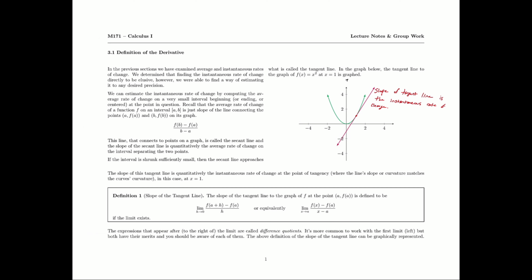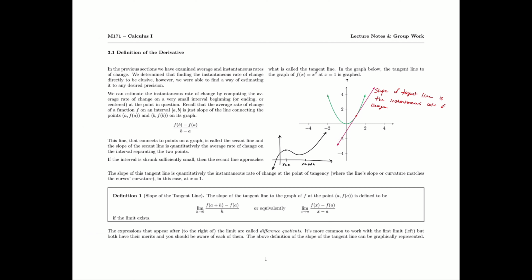So down here we actually have the definition, slope of a tangent line. If you remember the way we calculated this in the past, we would take some sort of axis system. We assumed we had some sort of function here. And then what we would do is, let's say we've got a point A, say x equals a, and at this point x equals a, we are going to move some distance away.